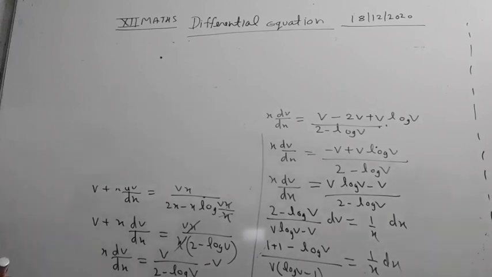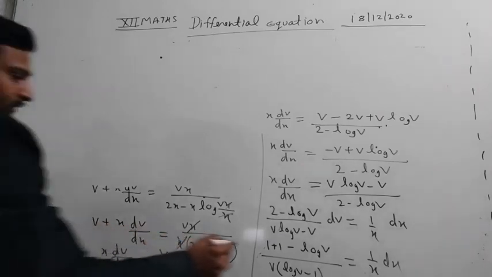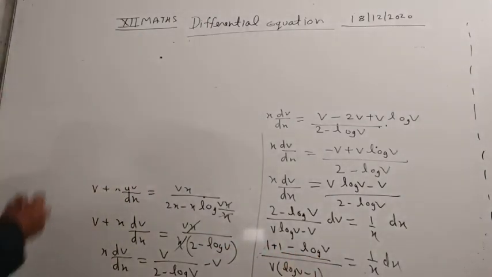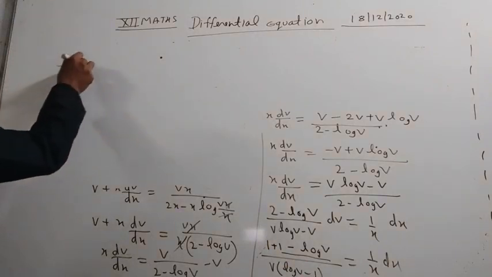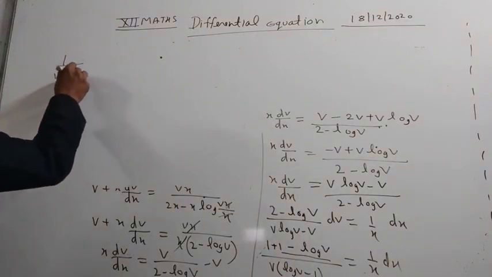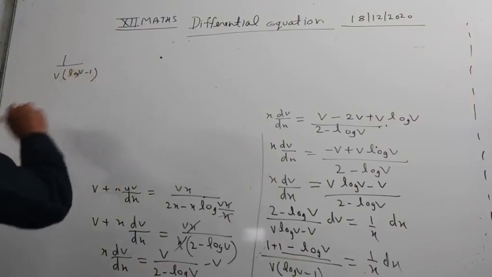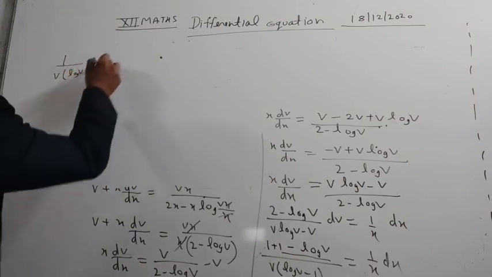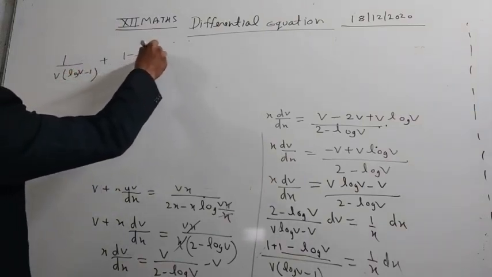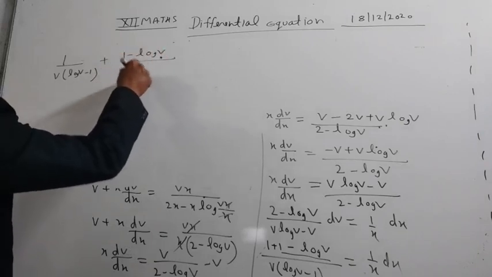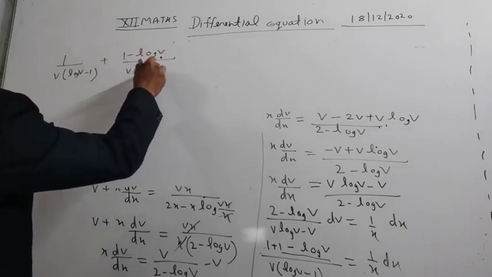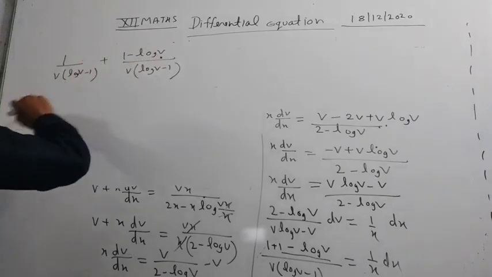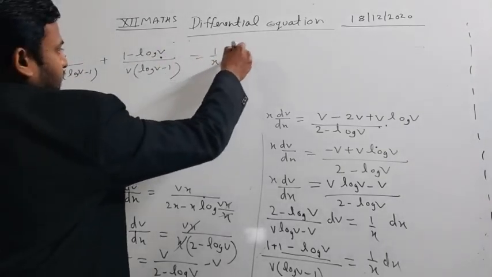Now we separate it, and we get 1 by v log v minus 1, plus 1 minus log v by v log v minus 1, equals dx by x.